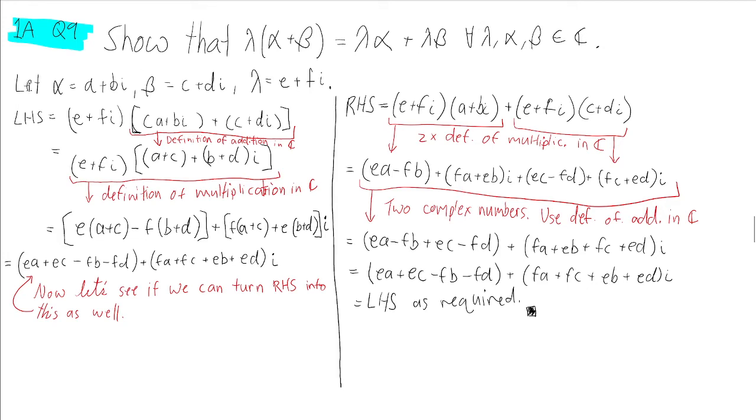So to prove this, we're basically going to work on the left-hand side, and keep expanding it down until we get something very general but still equal to that left-hand side.